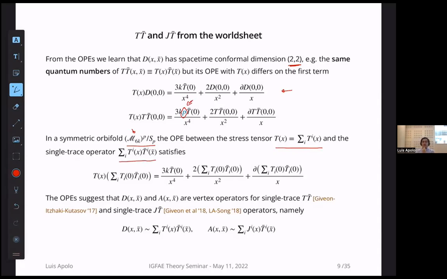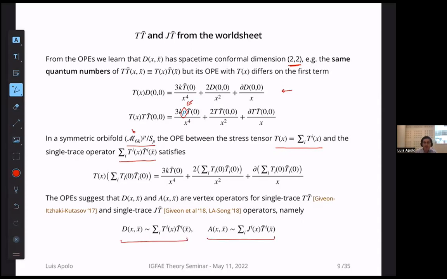And you can do something similar for the A operator, and you can compute other OPEs with other additional currents, and you find the same story. So all of these hints lead us to conclude that these D and A operators are single-trace versions of the TT-bar operator or of the JT-bar operator.